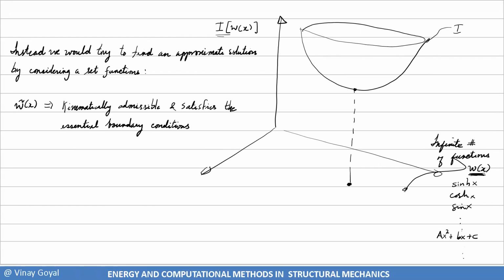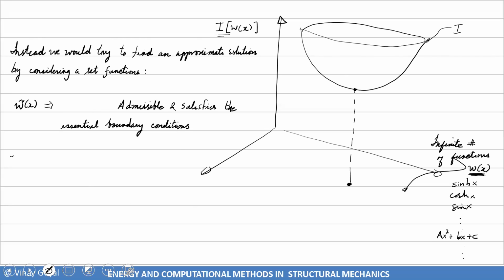And because this may not be a structural problem, it could be a heat transfer problem, let me remove the kinematically admissible. It just needs to be admissible, period. And to make sure that happens, you need to satisfy the essential boundary conditions.